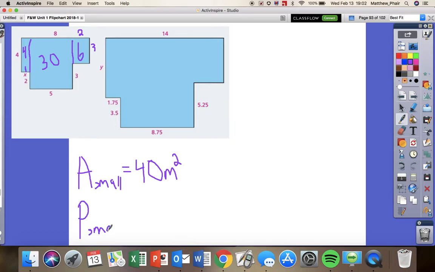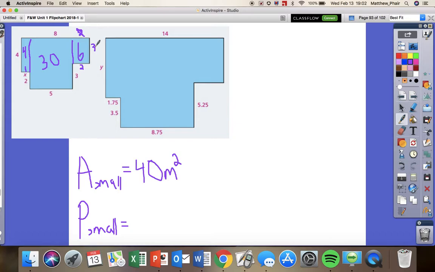Remember, perimeter is just adding up all of the sides together. And so if I go through this, I'm going to get rid of that one because I don't need it, because I know 8 is the entire top. So I have 8 plus 3 is 11. Oh, sorry, I will need that 2, because that 2 goes right there.